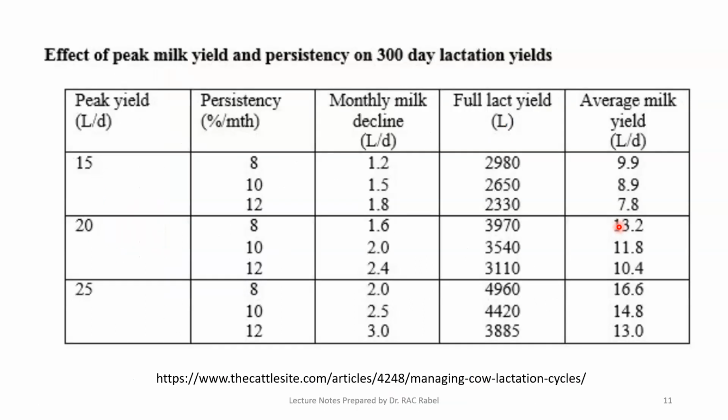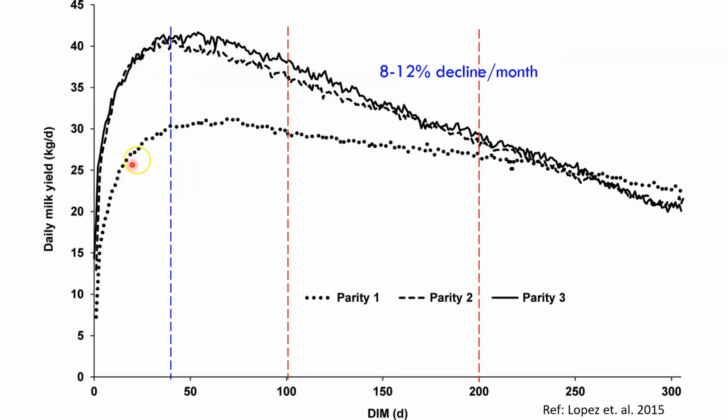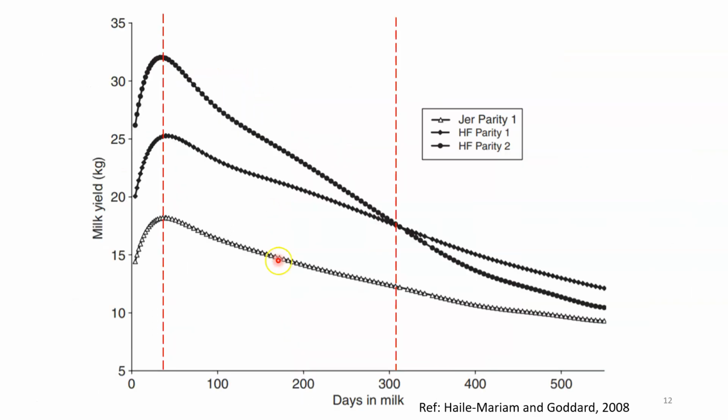In the previous chart we looked at the different parities, and here we look at different breeds. Look at Jersey. Obviously, Jersey animals are lower producers, and Holstein Friesians higher producers.